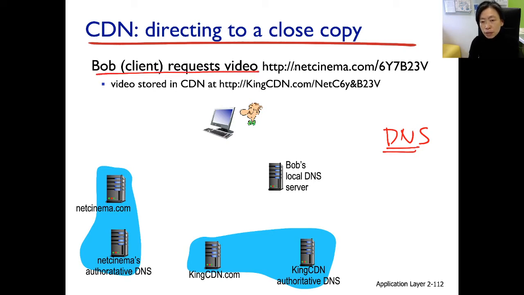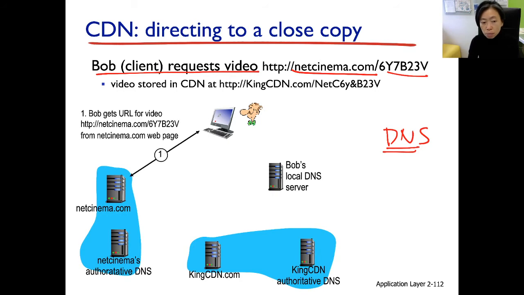Bob requests a video from cinema.com, and this is the video ID. Okay, so Bob's browser browses around and decides, and Bob hits this link. But the thing is that the video is actually stored physically here, at the King CDN, a CDN company. And so it's stored on kingcdn.com's web servers, this location.